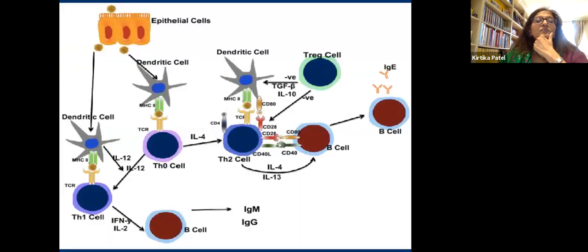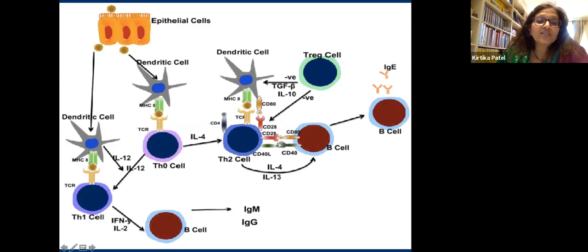So these are your epithelial cells. You have inhaled pollen or an antigen. If you have inhaled an antigen, your dendritic cell will get a T cell that is naive, and it can recognize this antigen, and it can either proceed to becoming a Th1 cell or a Th2 cell, a T helper 1 cell.